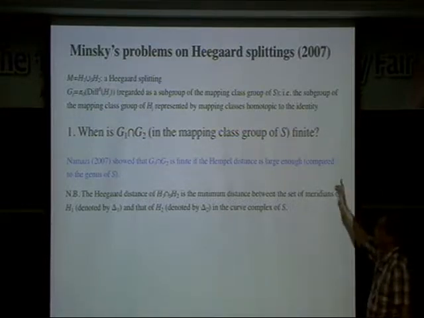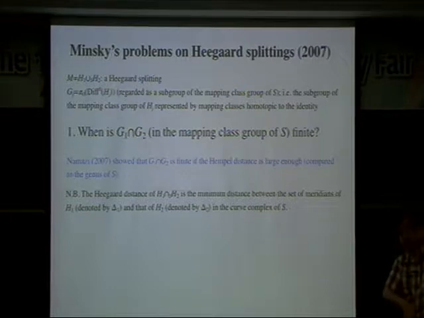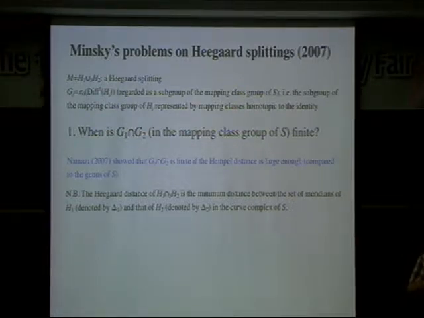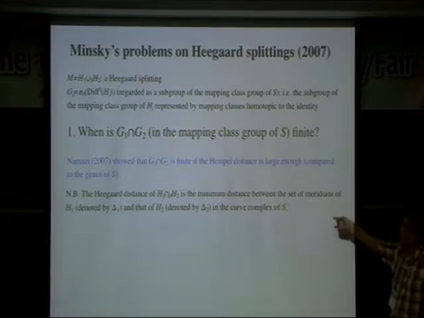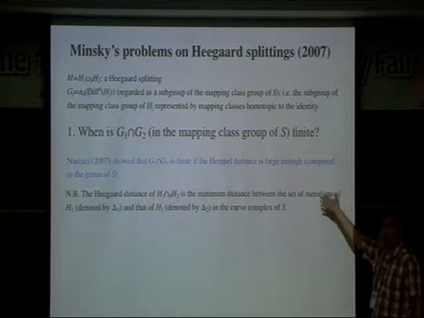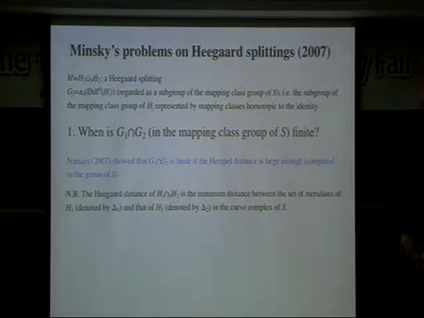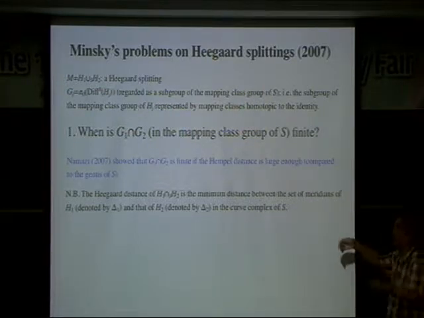And the Heegaard distance is the minimum distance between these two subsets of the curve complex. So on the curve complex, you measure the distance between the two meridians, and if you take the minimum, that's the Heegaard distance.